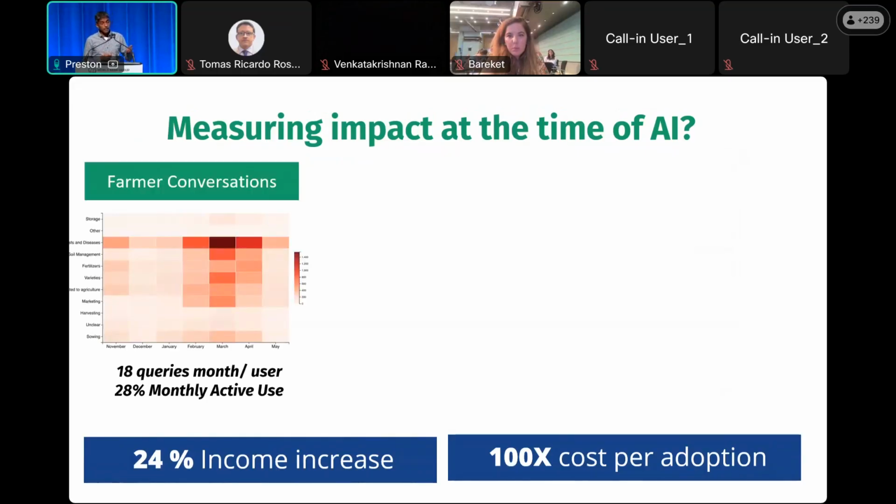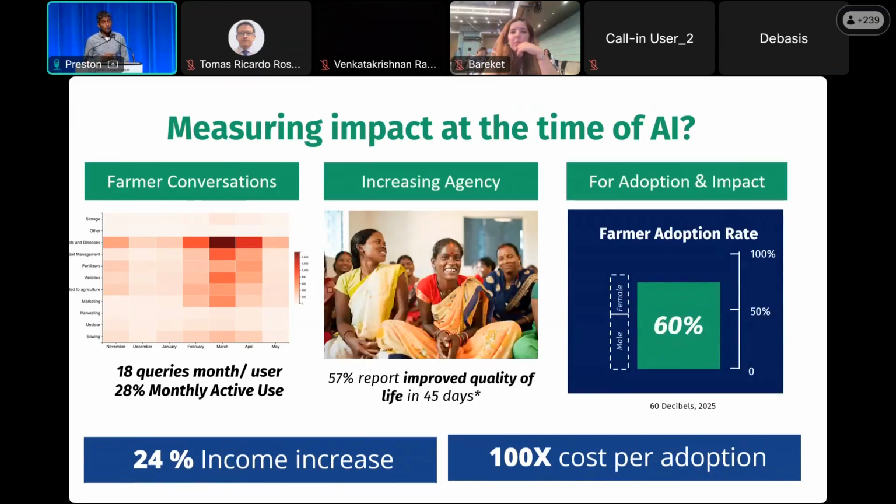And as I said, that's resulting in this increase in efficiency by another order of magnitude, taking extension services that often cost $35 US to get one farmer to adopt one new practice down to 35 cents, and where farmers are not just getting a once or twice a month type of extension training program, but where they're now asking 18 queries per farmer per month, and where the rate of adoption of these practices is 4x what we found in our video work. 60% of farmers in a 40-day period applied practices that they were learning from farmer.chat.